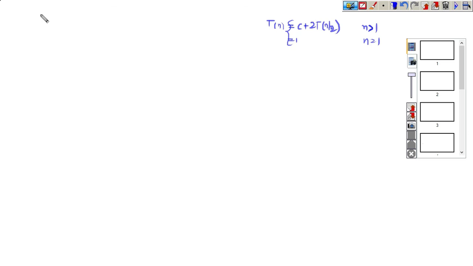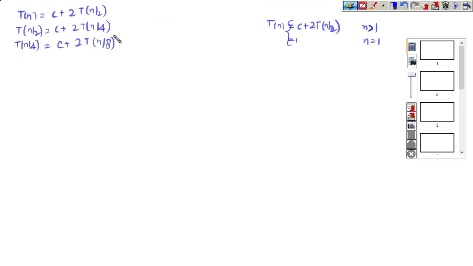This is our main function, T(n) = c + 2T(n/2), and we will replace this. T(n/2) will be written as c + 2T(n/4). So I will be using these two expansions to solve our main equation.